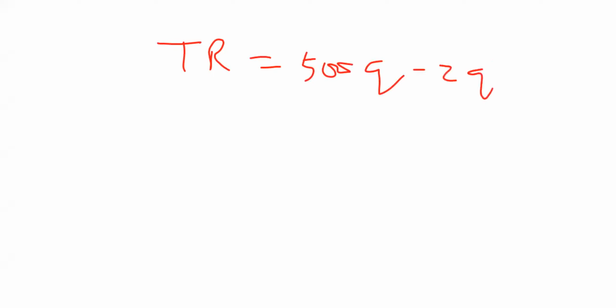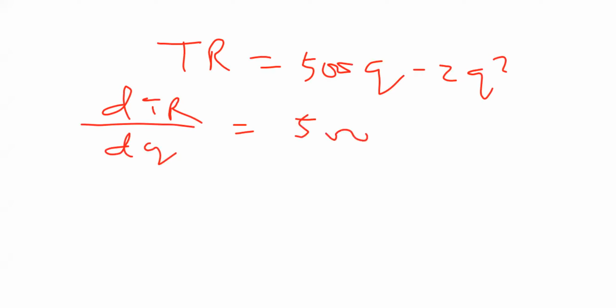Have you gotten the answer? Yes, total revenue, I got 500 minus 4Q. That means total revenue was 500Q minus 2Q squared that we got before, and when you differentiated that, you got 500 minus 4Q.